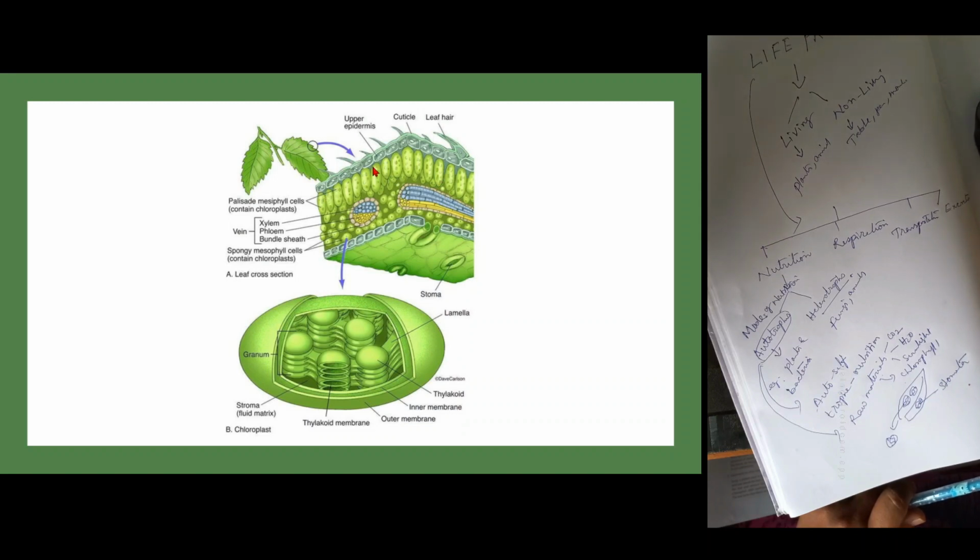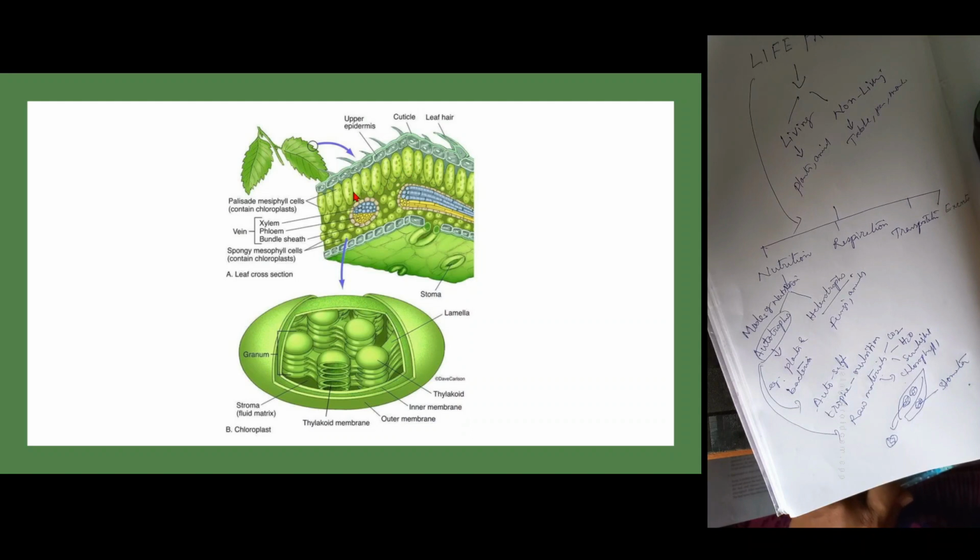The leaf contains the upper epidermis, then the cells which are long and elongated, without intercellular space. Those are called palisade cells. And the cells which are present in the leaf are called the mesophyll cells. And you might have seen it has some dotted structures.